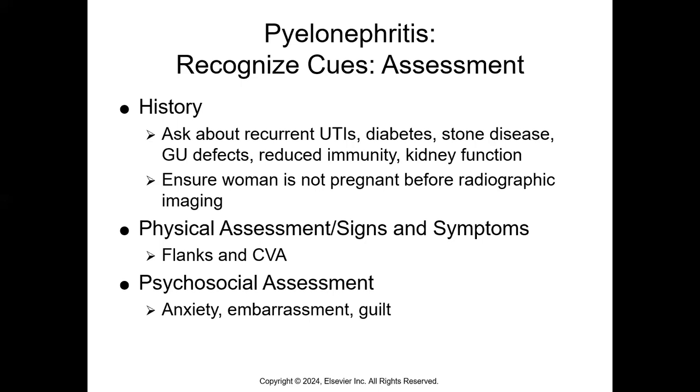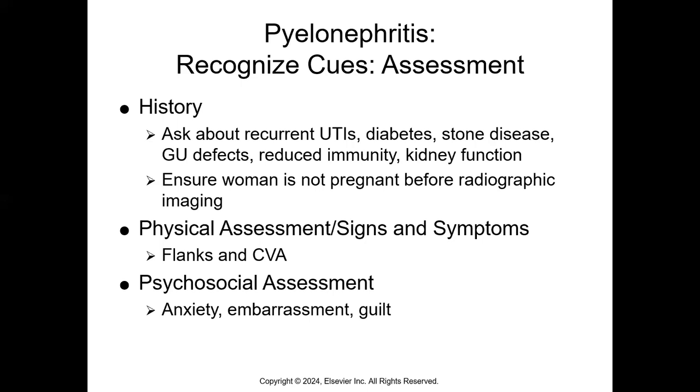With pyelonephritis, you need to find out: is there a previous history of kidney stones? Could there be potential scarring in the ureters? Find out about pregnancy before exposing to fluoroscopy dye and other radiographic imaging. Need to be doing assessment on the flanks and consistent assessments on the cardiovascular system as well.